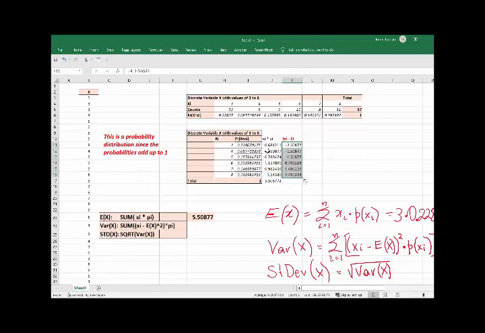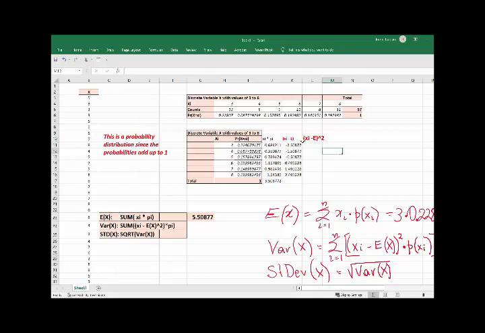And I do the same for each one of those, right there. I don't add them up, because this is not what I want. I want to subtract the E from the xi for each one of those. And then what I want is to take the value and raise it to the second power.